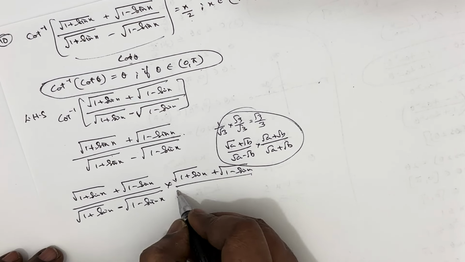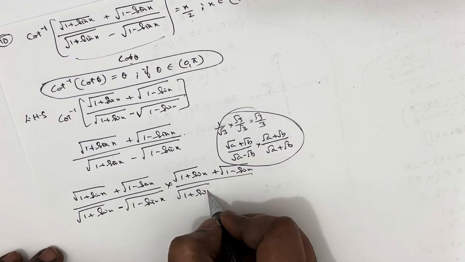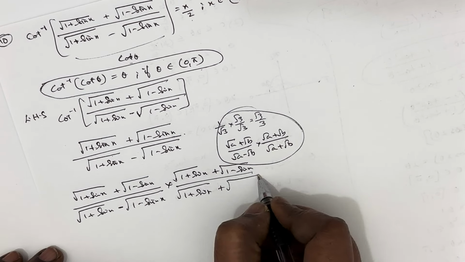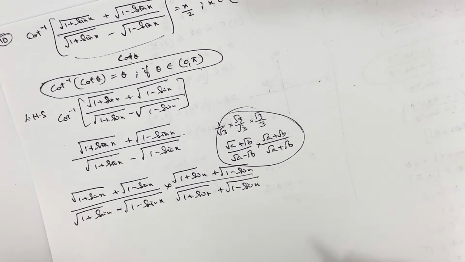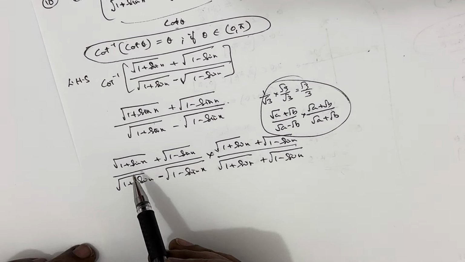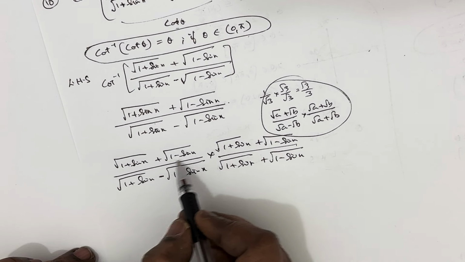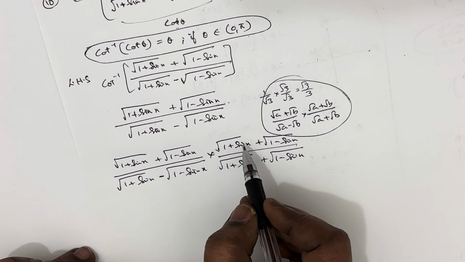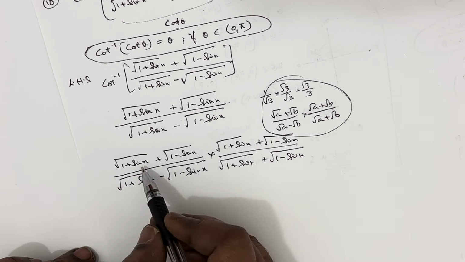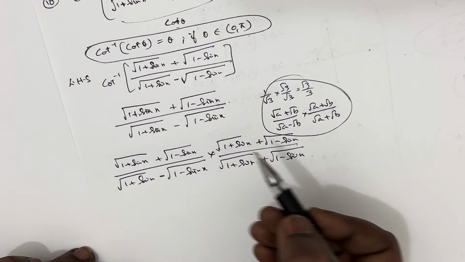If you think this is a and this is b, this is a plus b and this is also a plus b. a plus b into a plus b will be a plus b whole square.